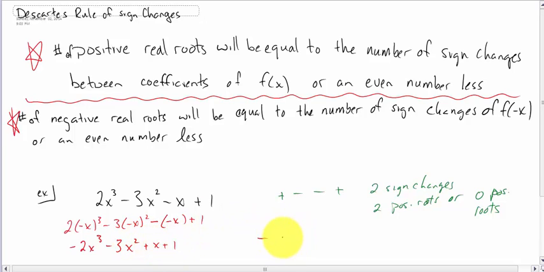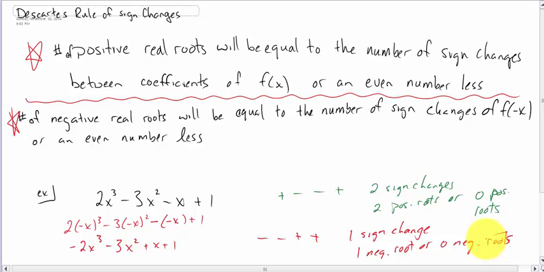Now the signs are going negative, negative, positive, positive. There's one sign change. So there's one negative root, or an even number less, so 0 negative roots.